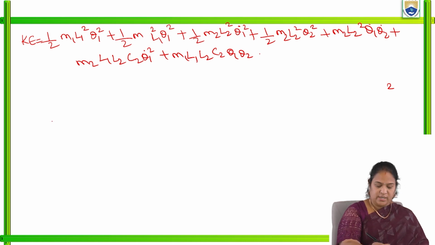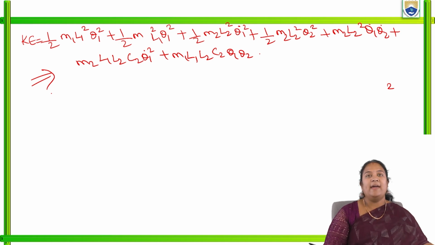So this is how we get the kinetic energy when we are substituting x1, y1, x2, y2 terms in the kinetic energy, that is half mv square.